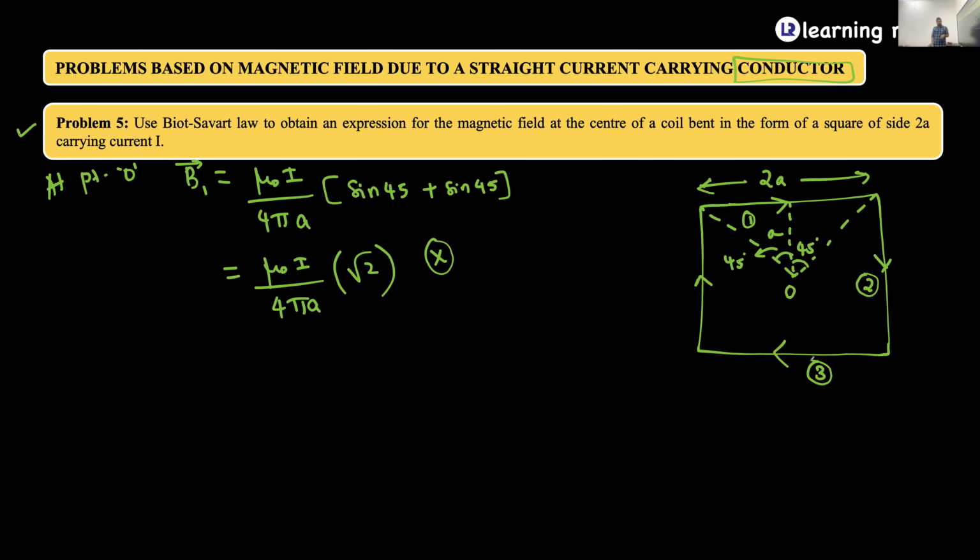Now can I say, since the current in the first conductor and third conductor are in opposite directions, the magnetic field due to the third conductor will be out of the plane, so this and this will get added to nullify? Am I right?